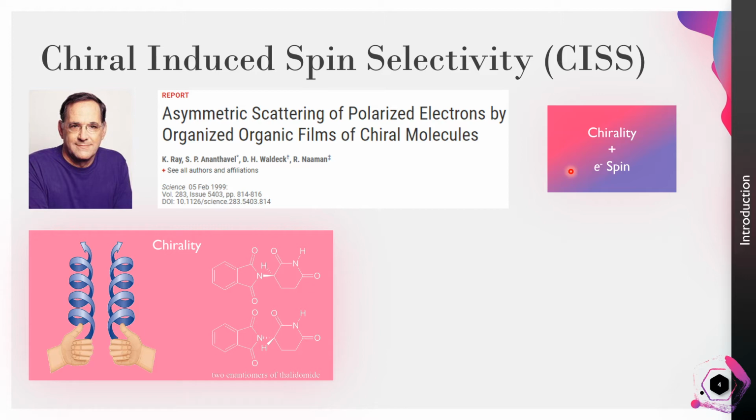A great example is the human hands, where you can have a shape that, although seemingly identical, when undergoing a parity inversion or a rotation or an inversion through a center of symmetry, you arrive at a shape that is not the same starting compound. Hands are a great example of this, as well as helices, like these corkscrews here. If you reflect them across a mirror plane, you don't get the same structure.